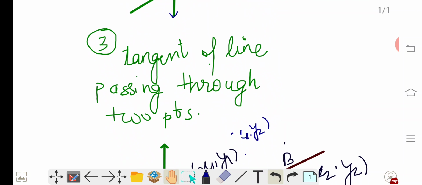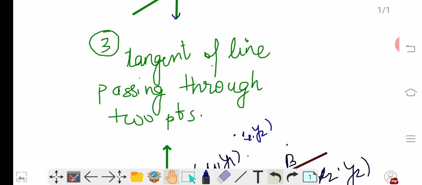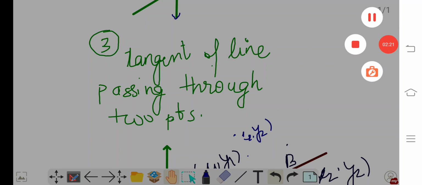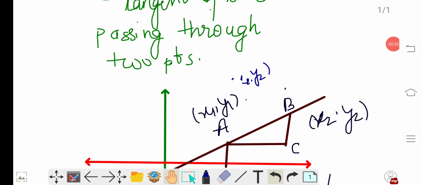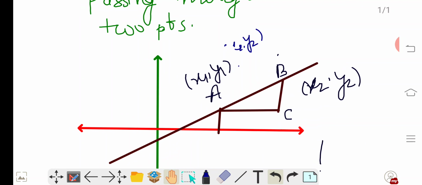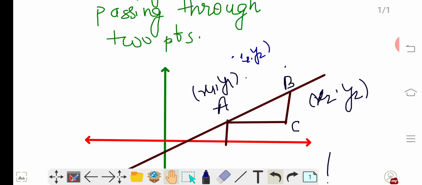Now the third point is the slope of a line passing through 2 points. Suppose this is the x-axis and y-axis, and this is a line passing through point A. The coordinates of point A are (x1, y1), and the coordinates of point B are (x2, y2).